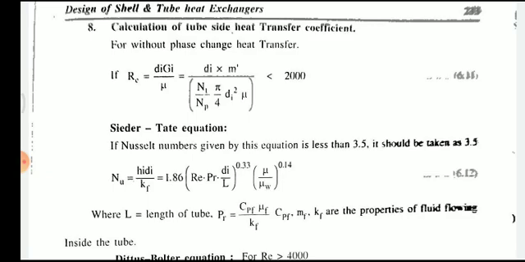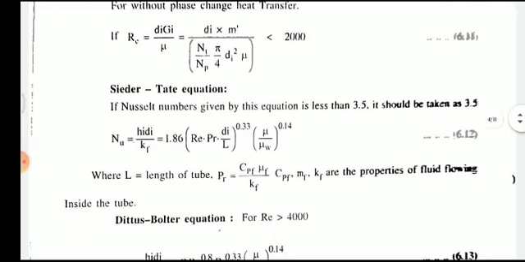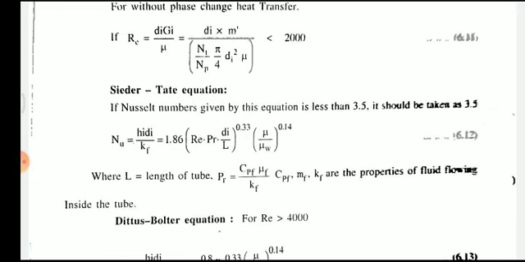And the Sieder-Tate equation we know, the Nusselt number is given by this equation, and hence if it is less than the value of 3.5, it should be taken as 3.5. So the Nusselt number for the Sieder-Tate equation we discussed, we know from the heat transfer subject.